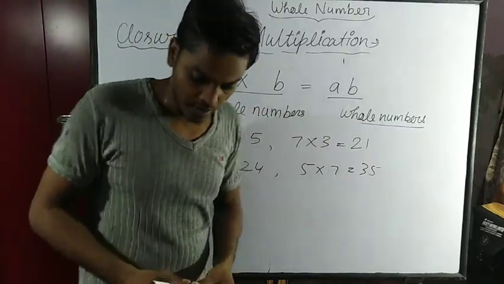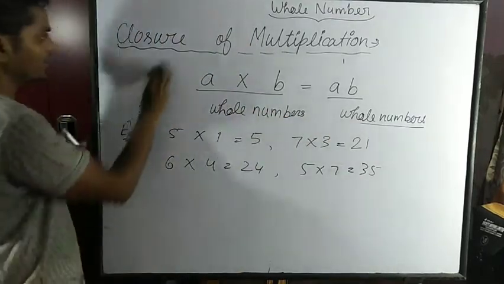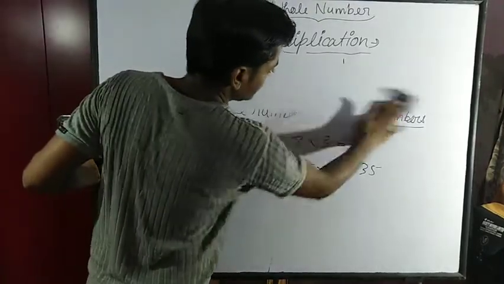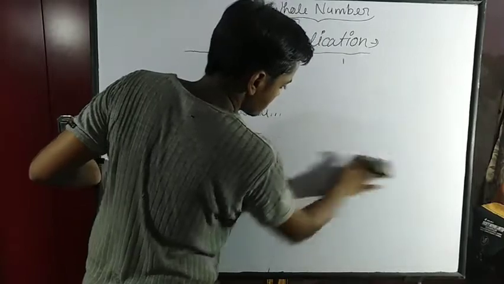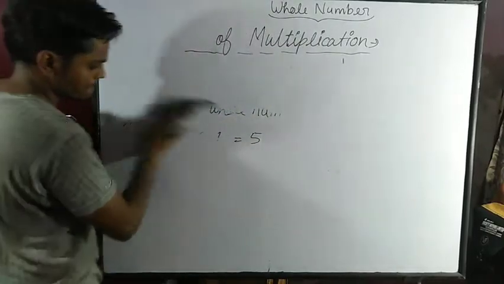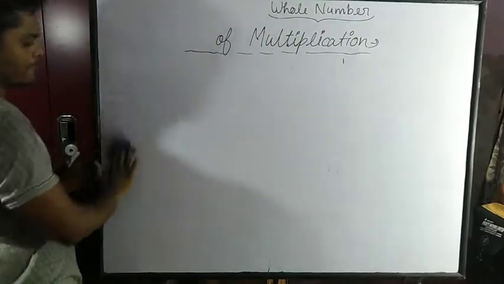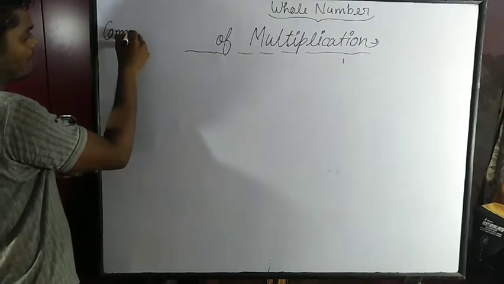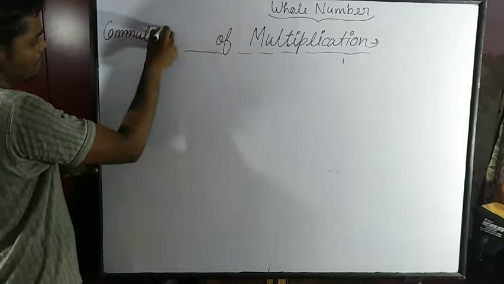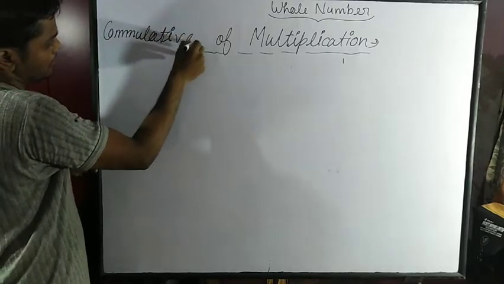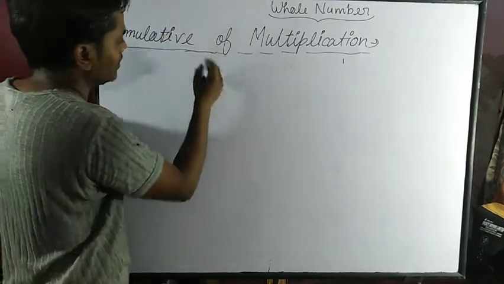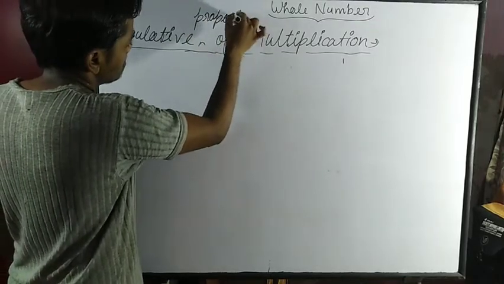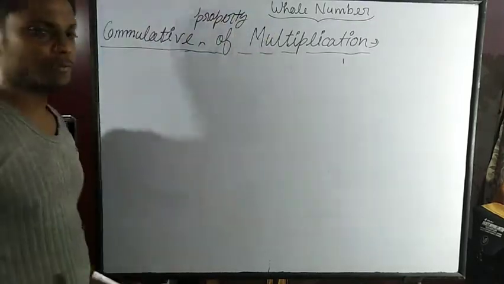Now we will move to the second property, that is the commutative property of multiplication.